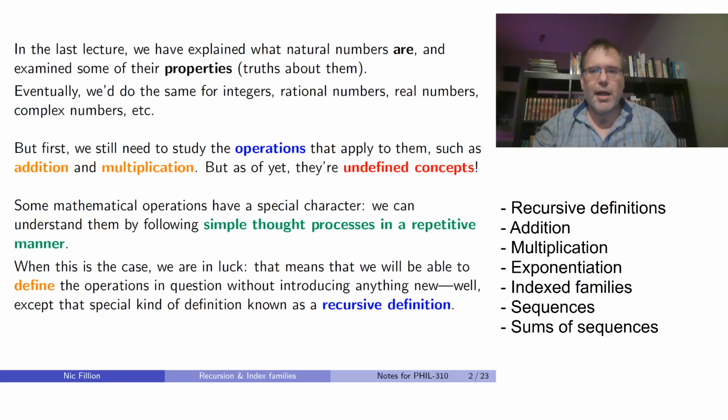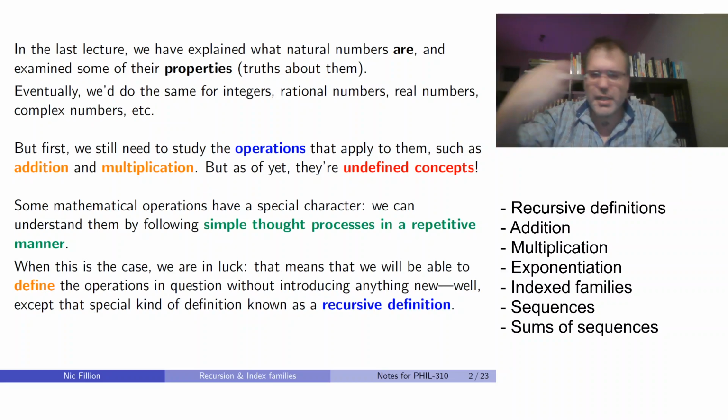Now, for some mathematical operations, not all of them, but for some of them, we can really understand those operations through a very simple sort of thought process, which is just about doing something simple, but doing it over and over and over again, right?